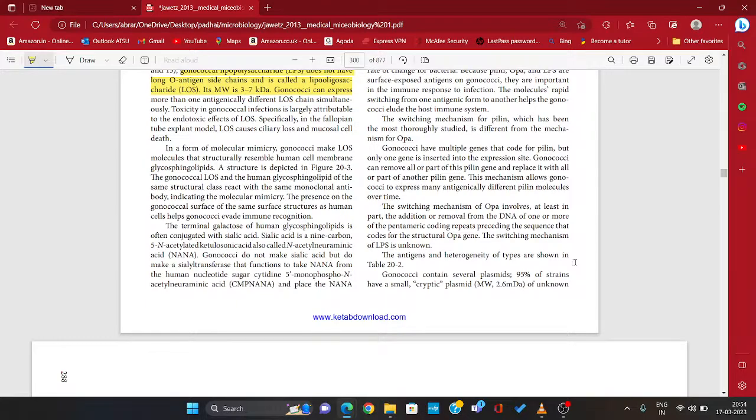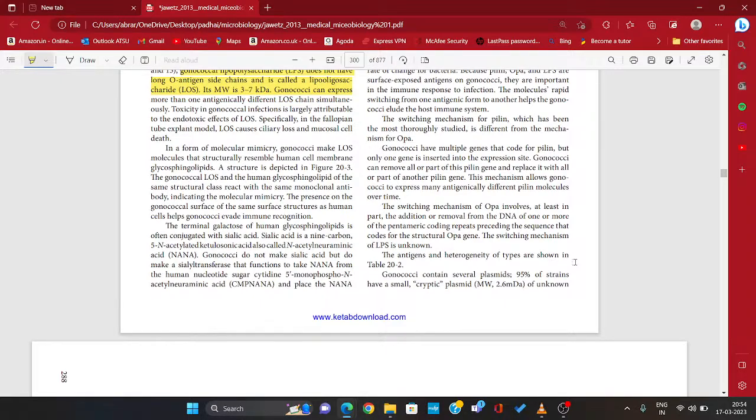Gonococci can remove all or part of the pilin gene and replace it with all or part of another pilin gene. This mechanism allows gonococci to express many antigenically different pilin molecules over time.